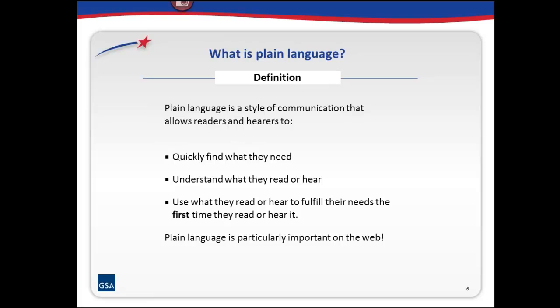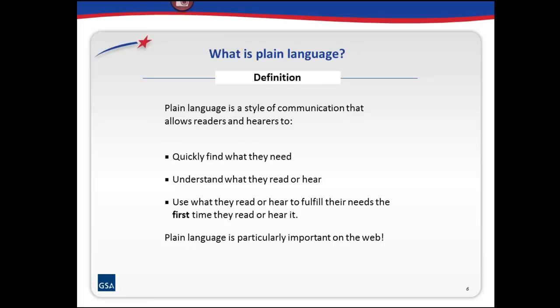Now that's important. It won't be in plain language if you have to read it 36 times. I mean, that's just not going to work. If you can't find it, if it's in a footnote on page 72 of a 148-page PDF, that's not plain language. That's really not helping.